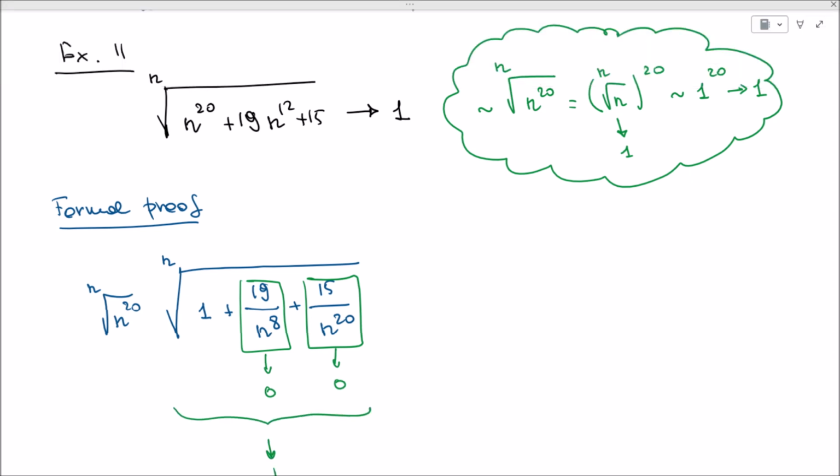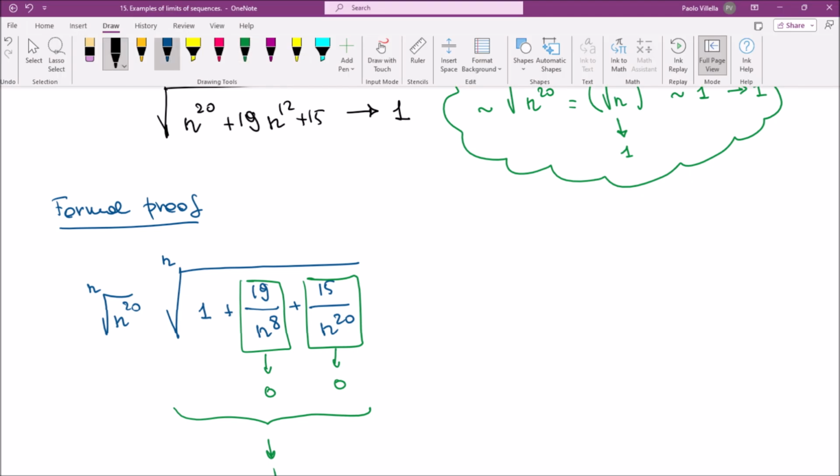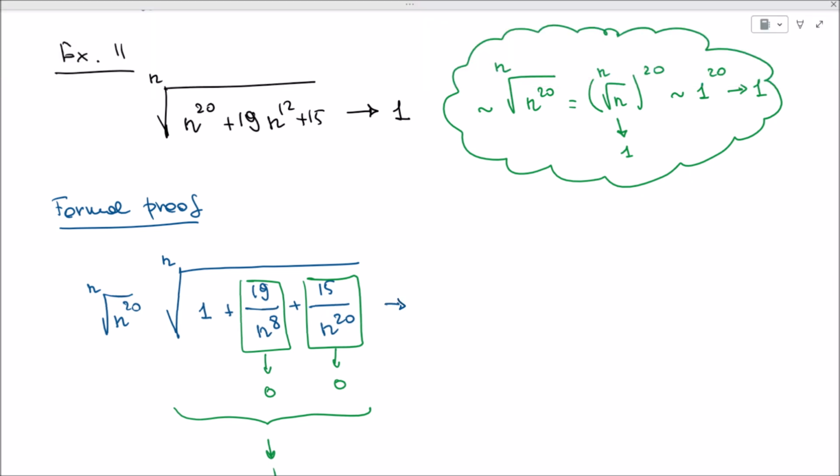That implies that this will tend to the nth root of n to the 20, times 1. And we know at this point, by what we said here, that this will tend basically to 1. Okay, so this proves the statement.